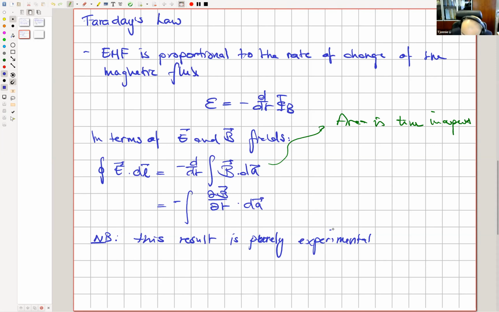So even this expression that we've written down here purely comes from the experiments. And that's really the starting point that we have. What we set out to develop in this course is a description of the electromagnetic fields that is completely rooted in experiment.